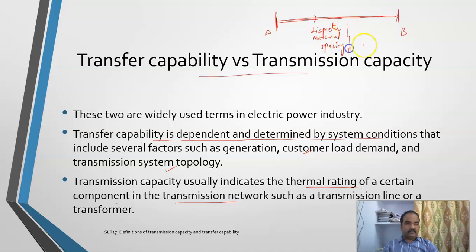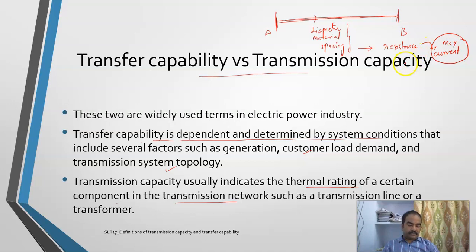If I know all these things, then automatically I can know the resistance of this particular material, and the current capability, that is, the maximum current which it can allow.